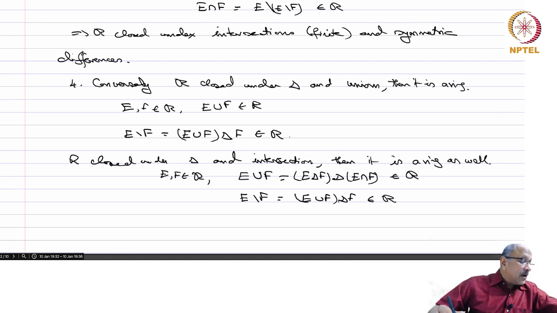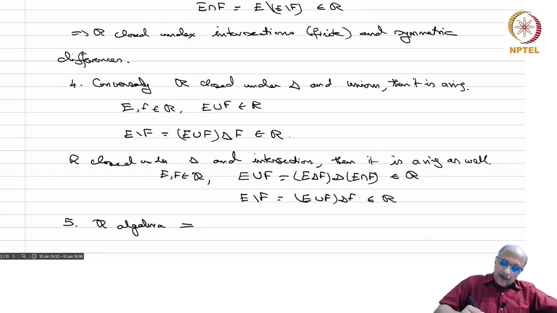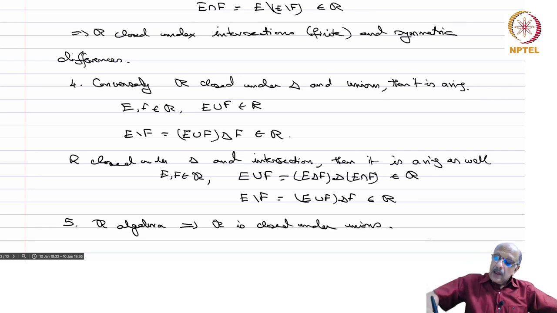So these are, okay, then one more remark. If R is an algebra, this implies R is closed under unions and complementation.